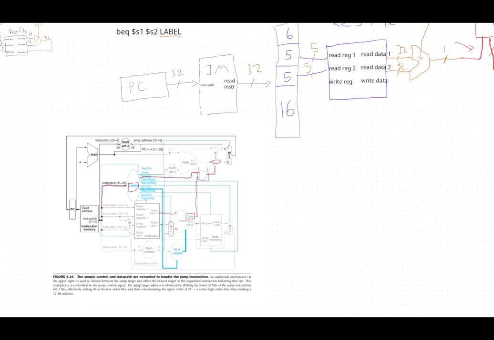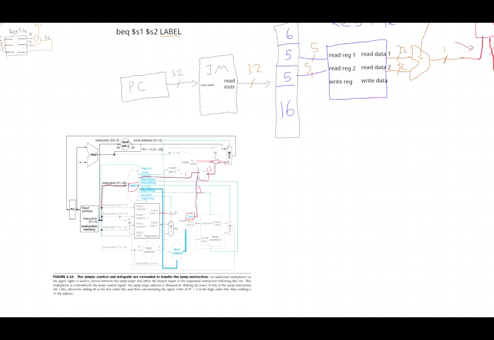So this will be one. We check for zero, like they're equal to each other, so this is one. Then the output of this AND gate will be one, and we'll pick this input, so the target address comes out. So basically, we will branch.